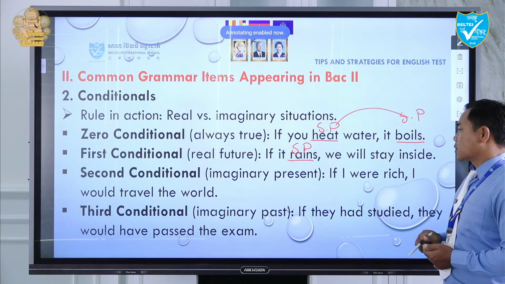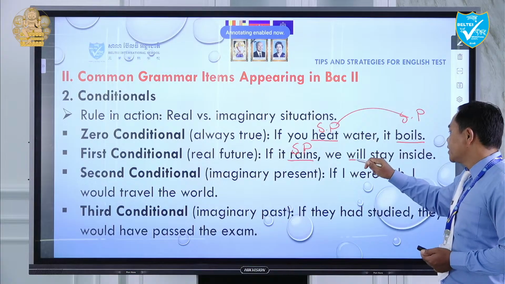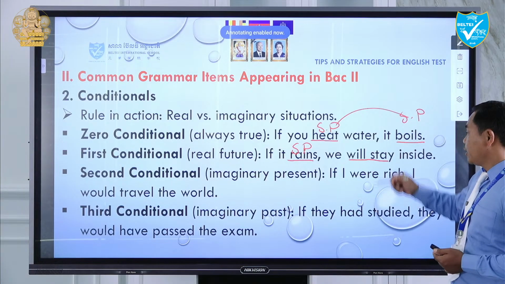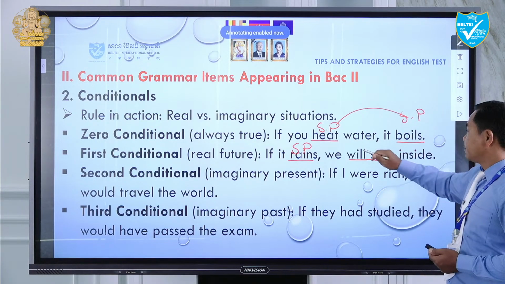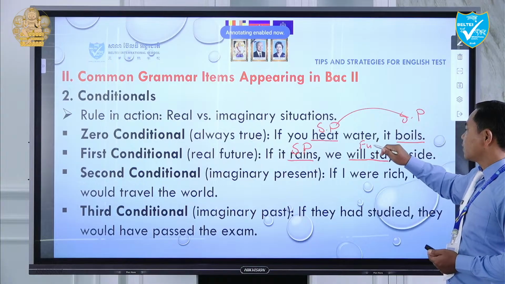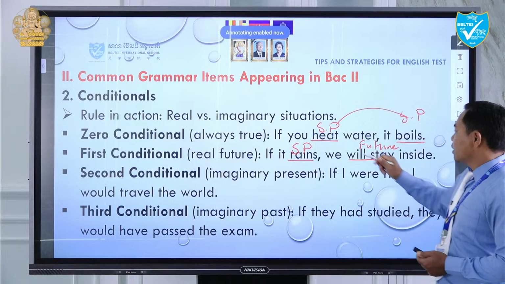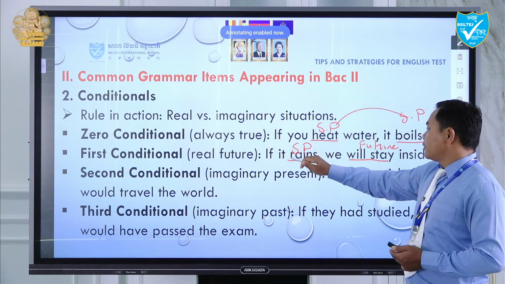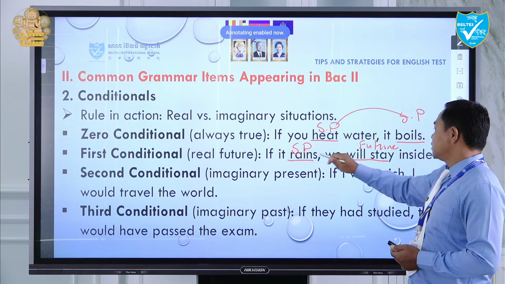In the main clause of the first conditional, you will see future simple will: will plus base form of verb. This is called simple future will. So in first conditional, if clause uses simple present, main clause uses will.